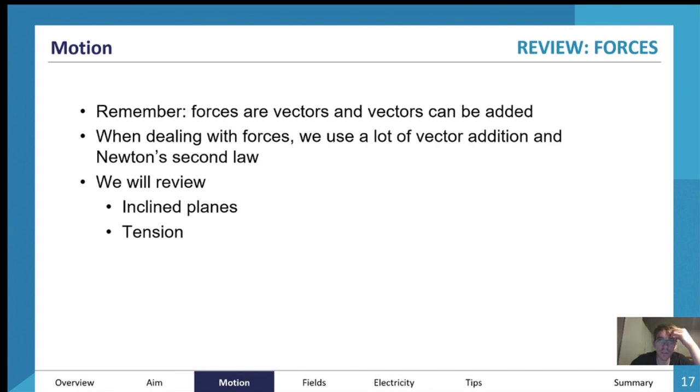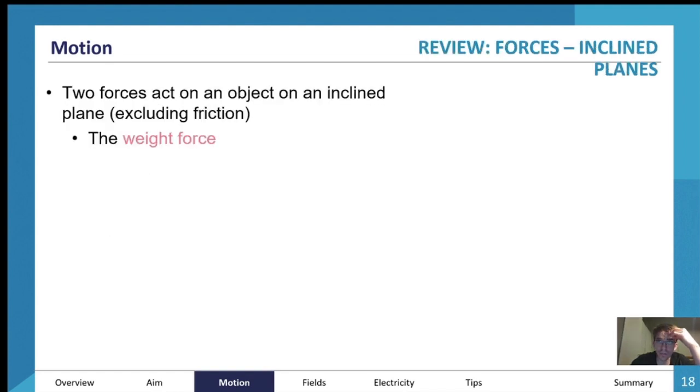Remember, forces are vectors and vectors can be added. When dealing with forces, we use a lot of vector addition and Newton's second law. So we will review inclined planes and tension.